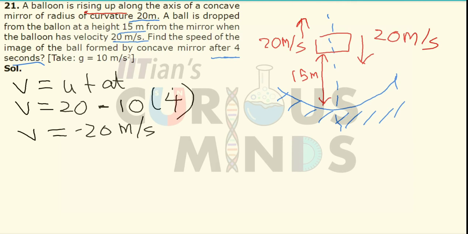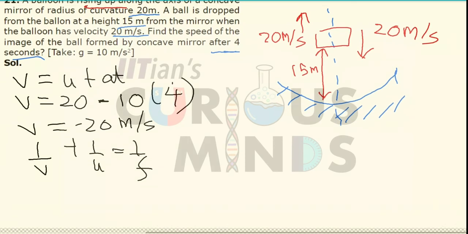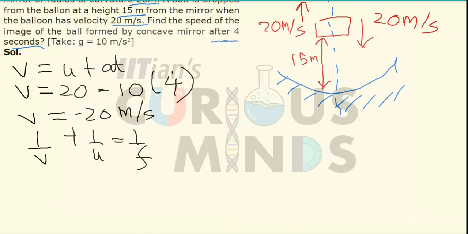Let us first find out the general equation of the position of the image. For a mirror, 1 by v plus 1 by u is equal to 1 by f. Over here I will take this as the principal axis, this as the pole, or the center O. So u over here is equal to negative 15 meter.